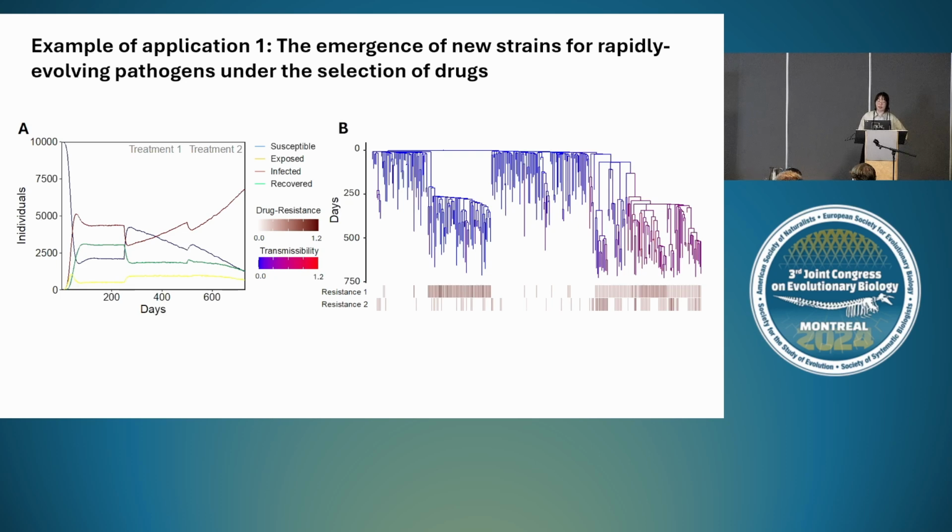You can also see that during this process, the overall transmissibility of the pathogen population increased. So this example shows that there will be the emergence of many new strains that have new traits, for example, resistance or high transmissibility, which is affected by the selection pressure we have on this population.